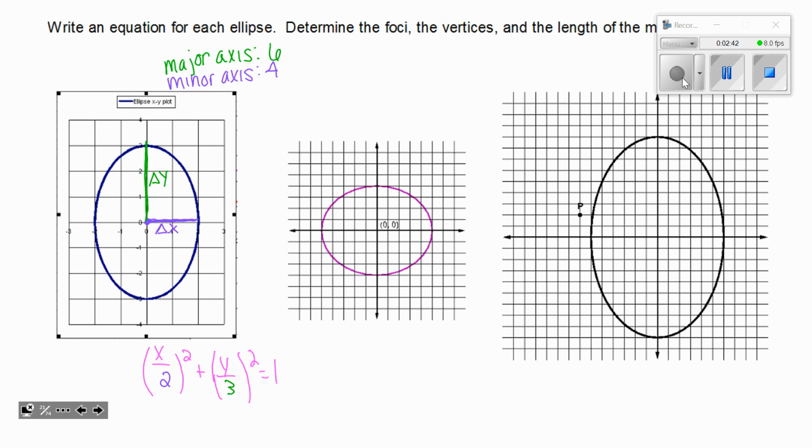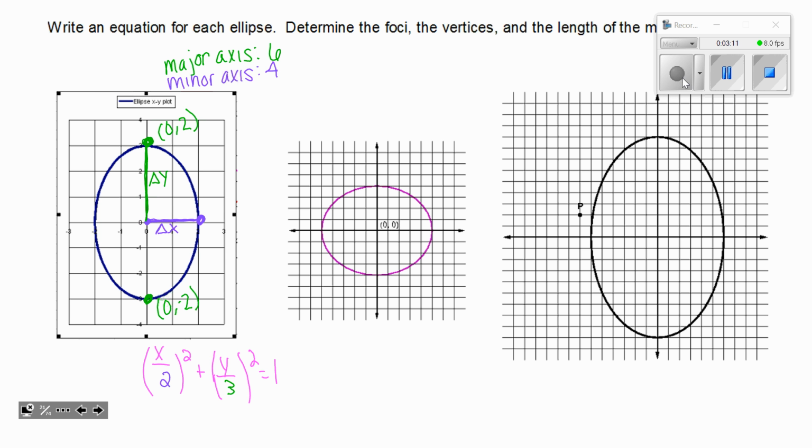Then we've got the vertices. So again, the vertices are along the major axis. This vertex on top right here happens to be at 0, 3. This vertex here on bottom, that happens to be at 0, -3. Those are our vertices. Our covertices are the ones that are on the minor axis. So this is our minor axis covertex.